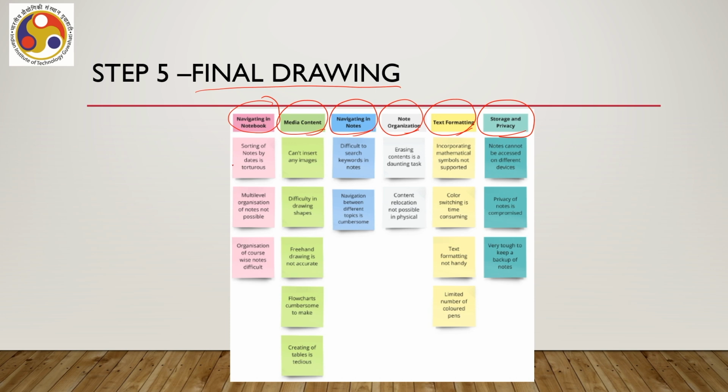Say navigation in notebook comprises of 3 ideas or notes, media content comprises of 5 ideas, navigation in notes, 2 ideas, note organization, again 2 ideas, text formatting, 4 ideas, finally storage and privacy, 3 ideas.